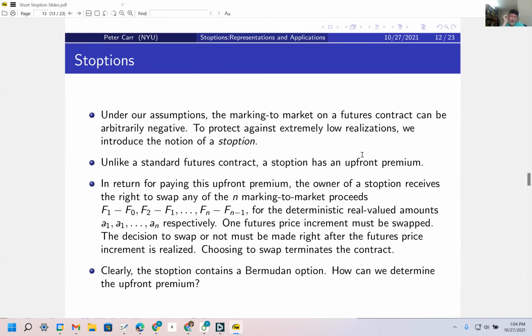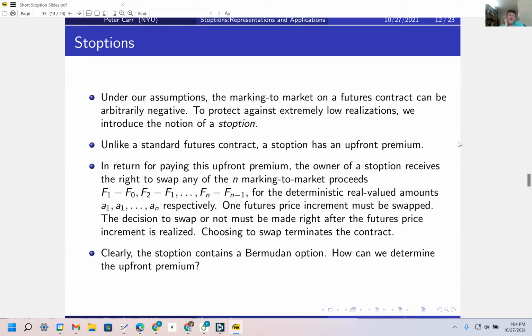So what is a stoption? Well, it differs from a standard futures contract in that there's some upfront premium, whereas for a futures contract, the premium is always zero. And so if you're going to pay this premium, perhaps you want something back, and you're going to get something back from the stoption.